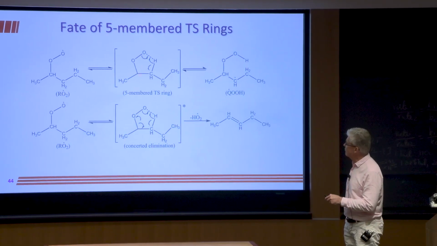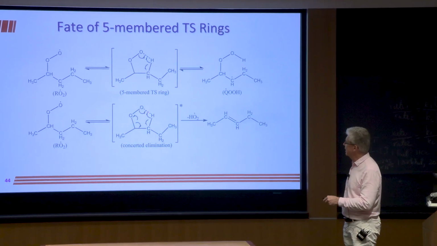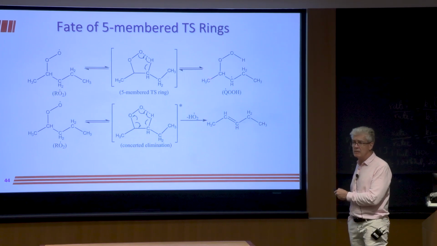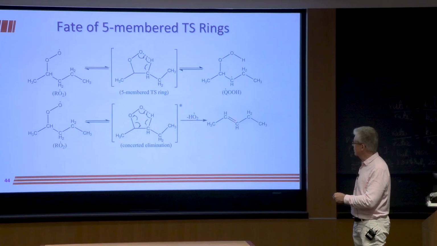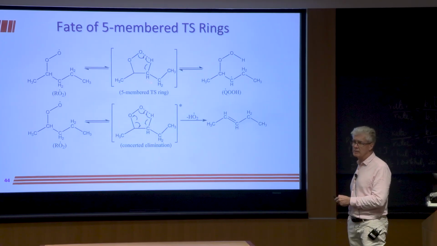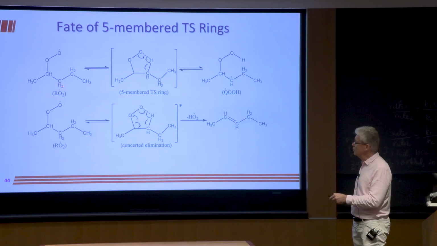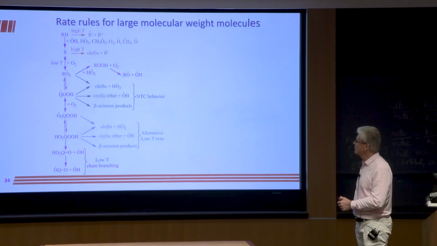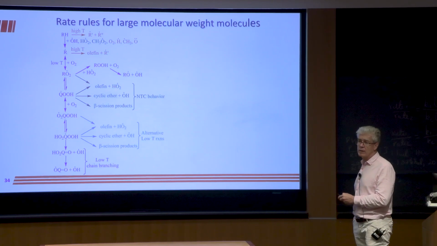So here's the 5-membered ring. You have this transition state, and actually it doesn't give you a hydroperoxy alkyl radical. It gives you almost directly olefin plus HO2, typically. So the RO2 goes through a concerted elimination reaction, giving you olefin plus HO2. In older models, we didn't have this channel, RO2 giving olefin plus HO2.